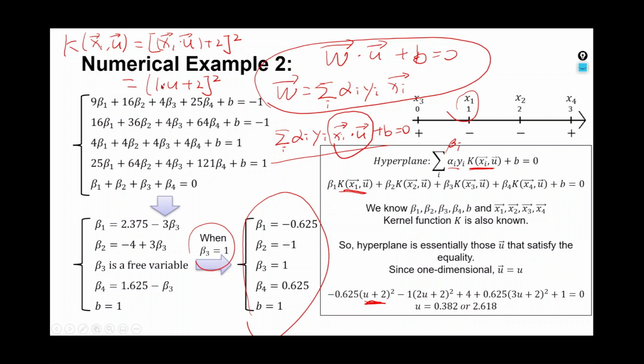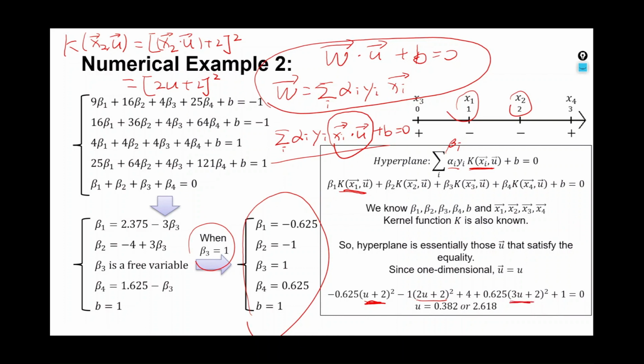So it's basically 1 times u plus 2, squared, so u plus 2 squared. The second one is the same: we apply the same formula with x2, which is 2, so 2u plus 2 squared.